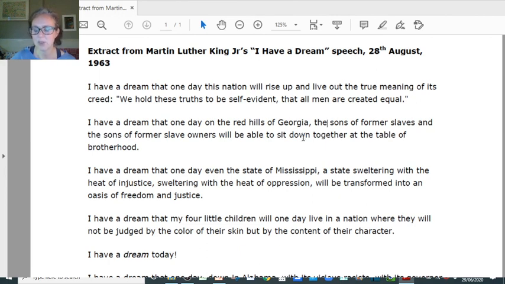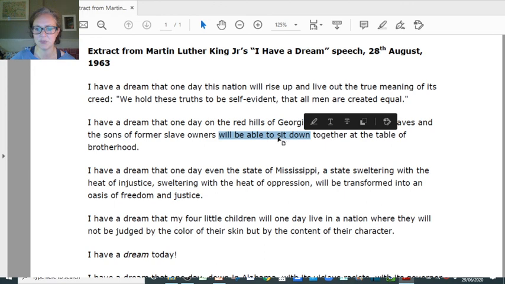Well, there aren't stated facts as such. I mean, this is a quote, isn't it? Which I suppose you could say that's a fact. But his opinion is well stated. This is his dream that former slaves and former slave owners can sit down together. That's what he wants to happen.